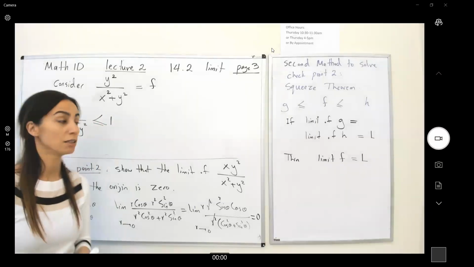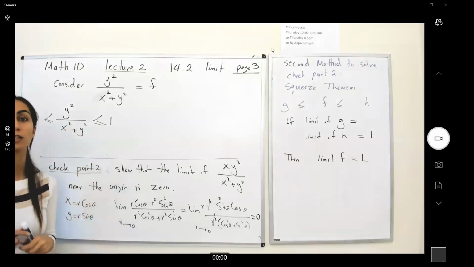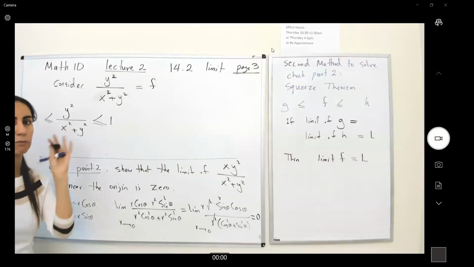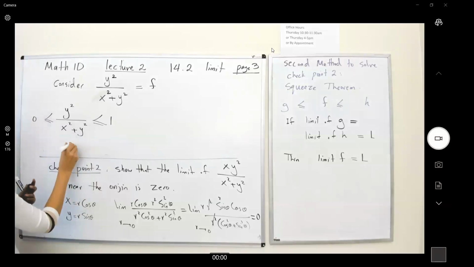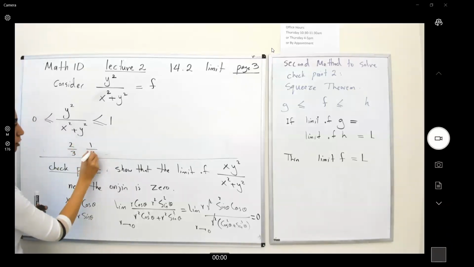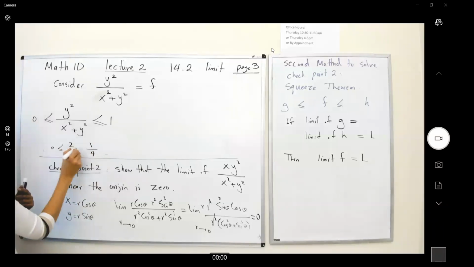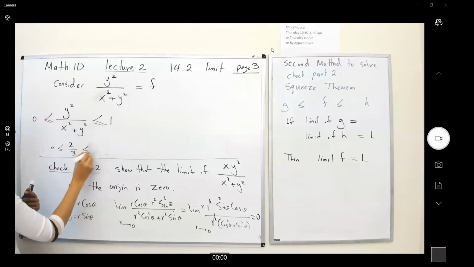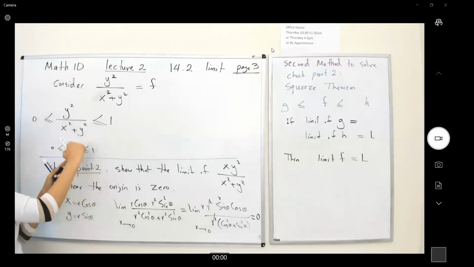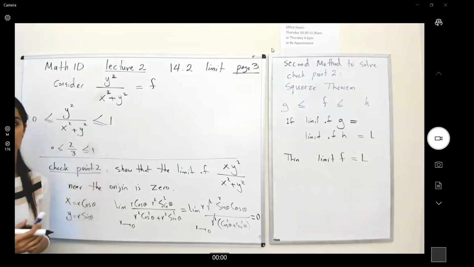Why is that? Your denominator is greater than the numerator. If you want to imagine a number, it's going to be like 2/3, or 1/4, a third. This is always between 0 and 1, because the denominator is greater than the numerator.